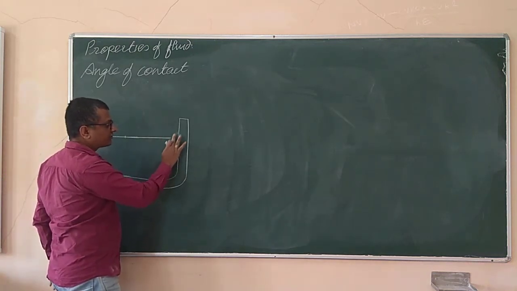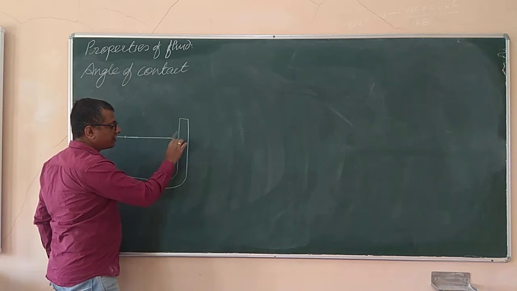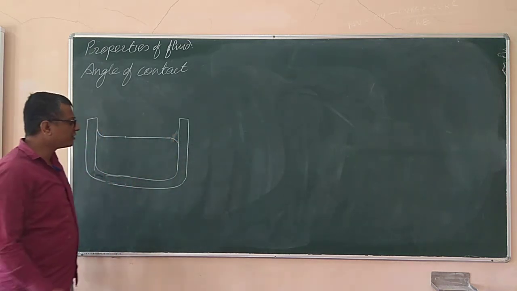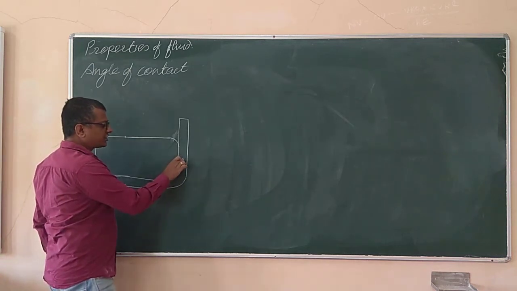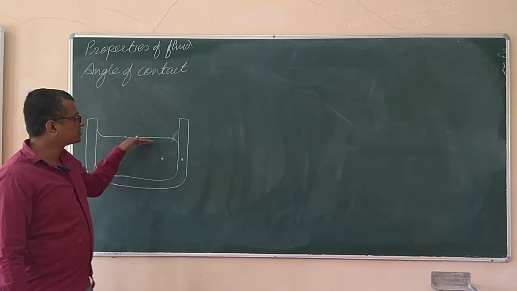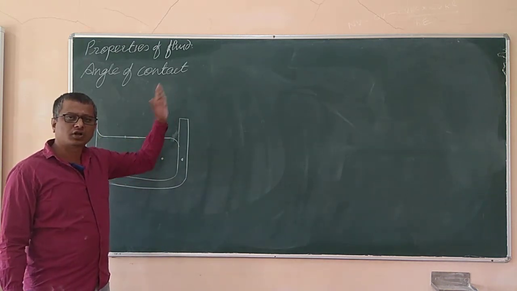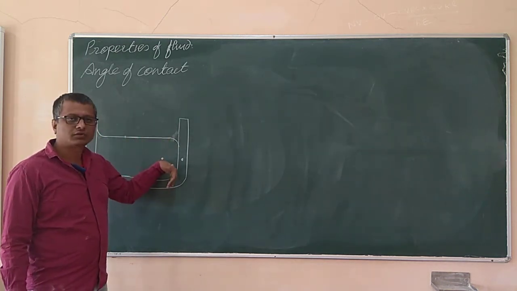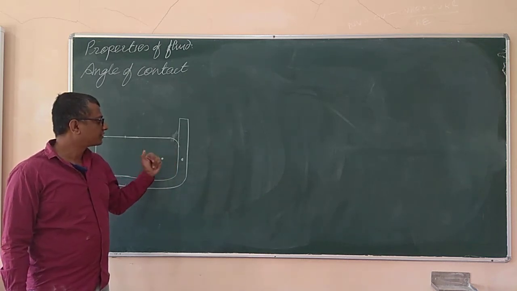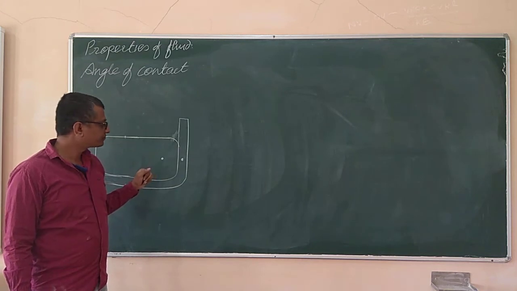It may also happen that for some liquids there may be a depression like this. It depends on the material. For this material and this liquid, whether the water is going to climb up the wall of the container or climb down the wall, it depends upon what material these two are, the vessel and the liquid.